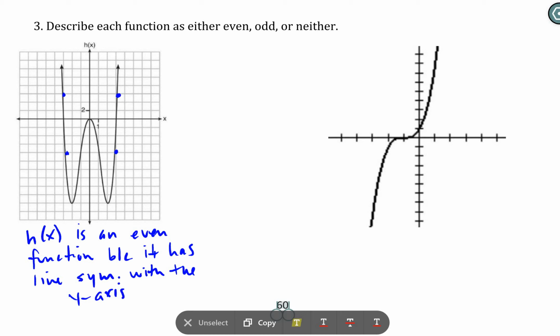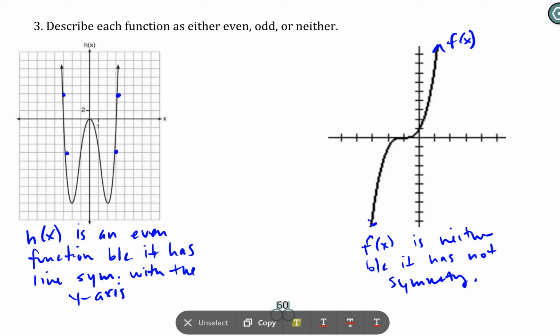For this next one, we didn't give it a name, right? So let's just give it a name like f of x. We'll say f of x is neither because it has no symmetry.